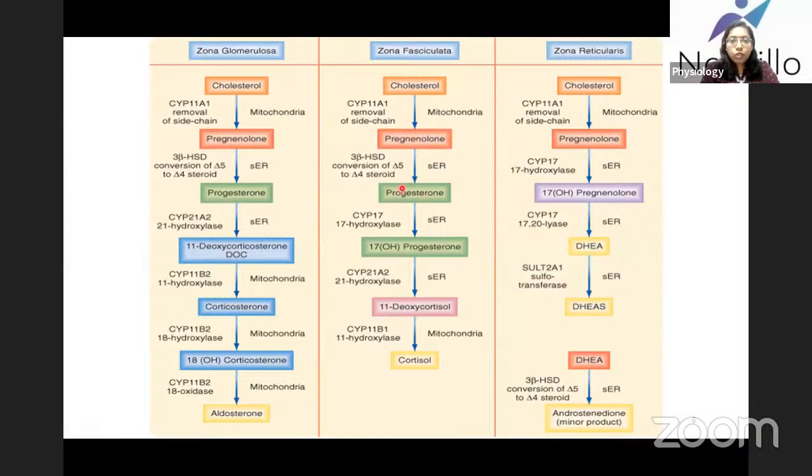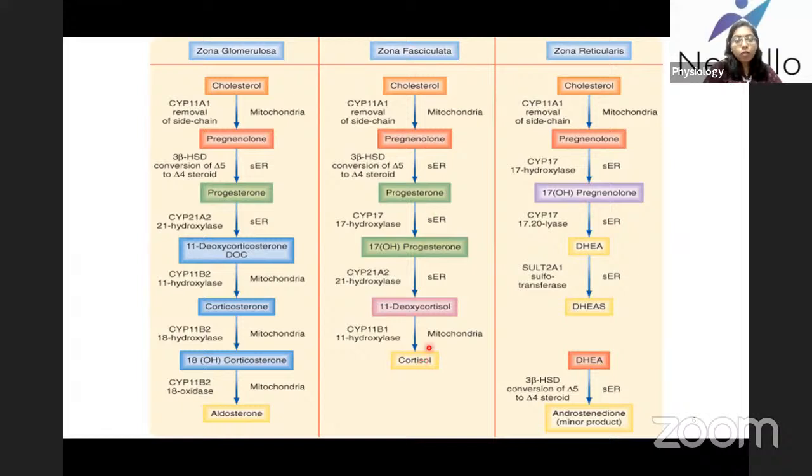Pregnenolone gets converted into progesterone in the smooth endoplasmic reticulum. It further gets converted by 17-hydroxylase into 17-hydroxyprogesterone. Again, in the smooth endoplasmic reticulum, in the presence of 21-hydroxylase, it gets converted into 11-deoxycortisol, and further in the mitochondria gets converted into cortisol.